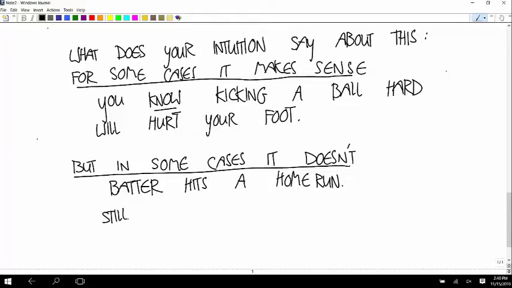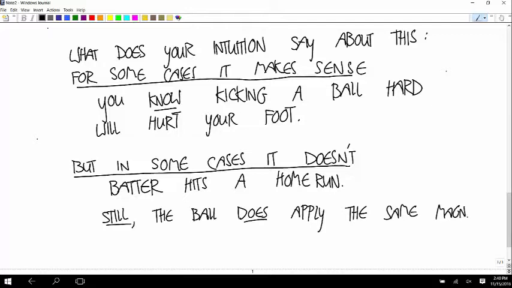So still, even though that seems confusing to most people when they first think about it, the ball does apply the same magnitude of force to the bat as vice versa.